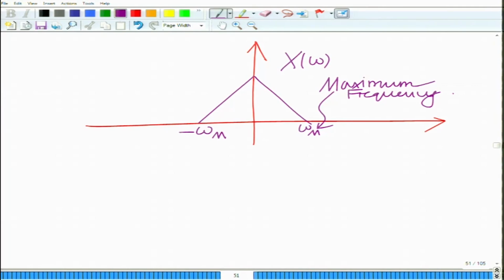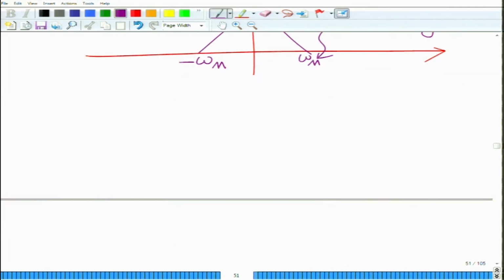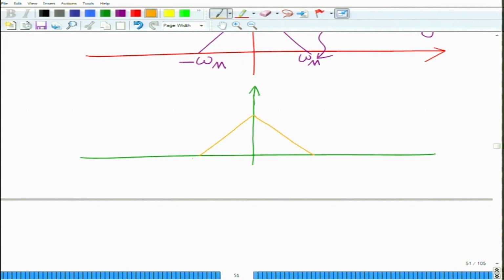Now, if omega_s is greater than or equal to omega_m, now you see the sampled signal will have a spectrum that looks as follows, that is it will have of course the original copy, scaled by 1 over T_s, from minus omega_m to omega_m, and then you will have yet another copy that is shifted by omega_s.